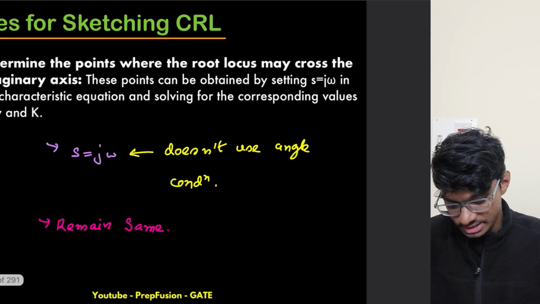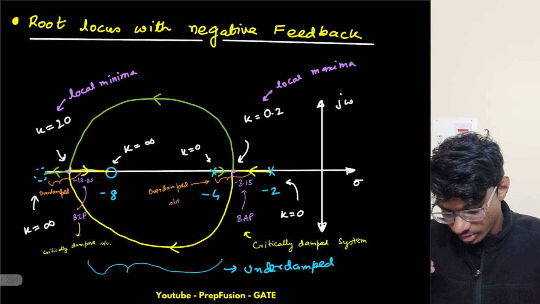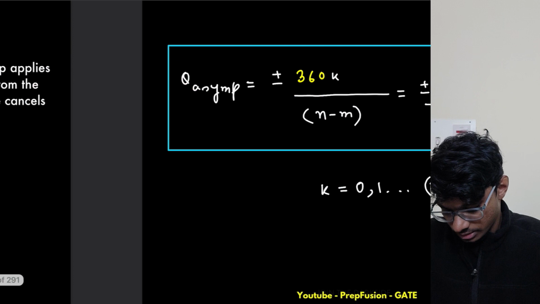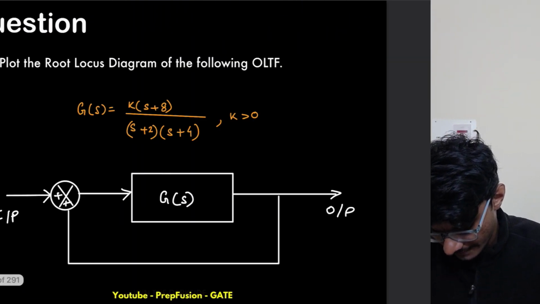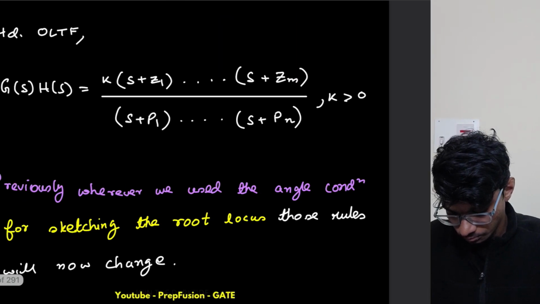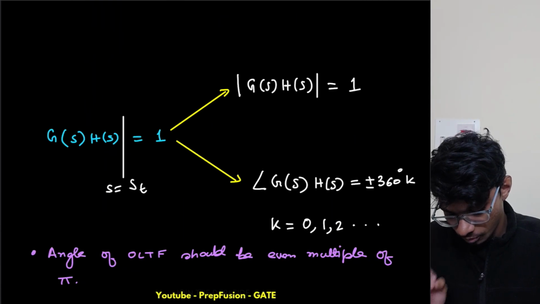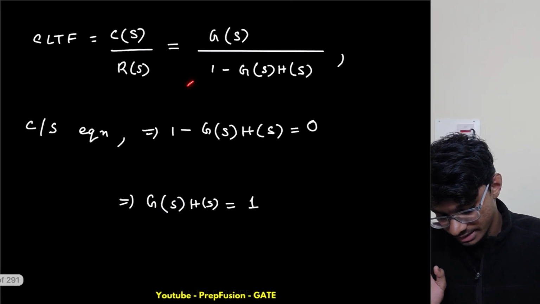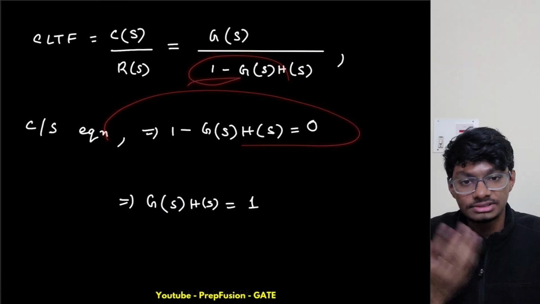So if my denominator has changed, then my characteristic equation has changed.